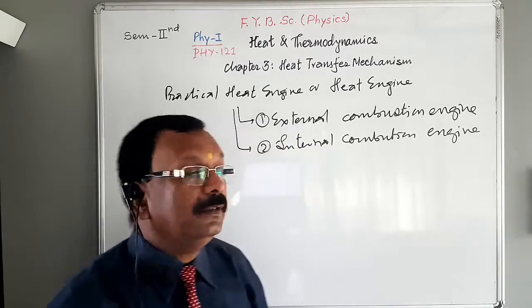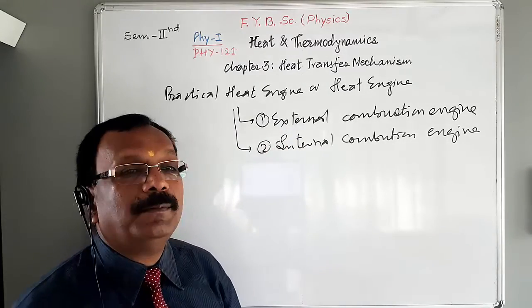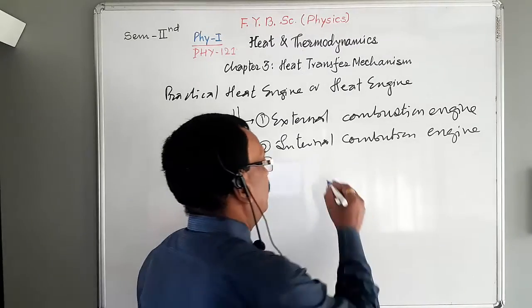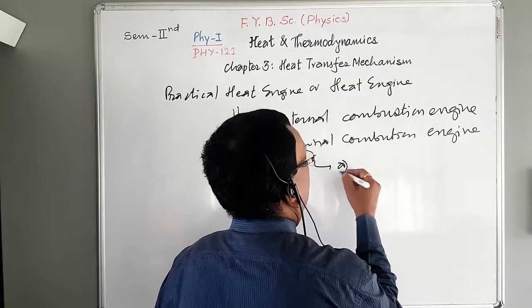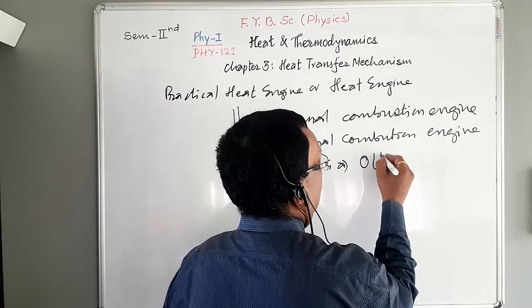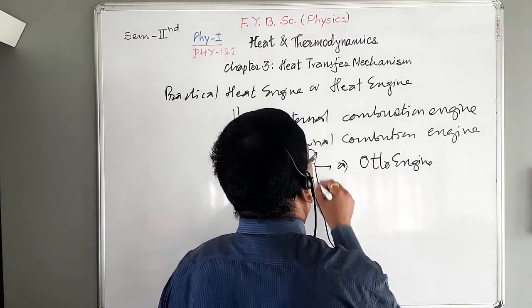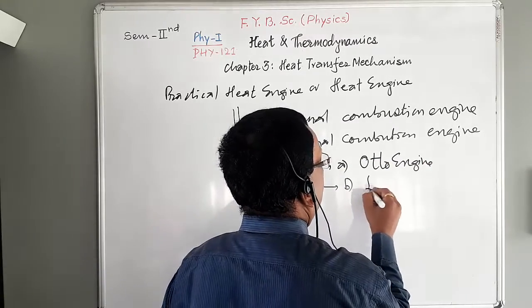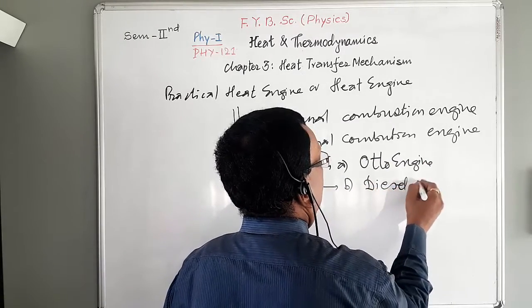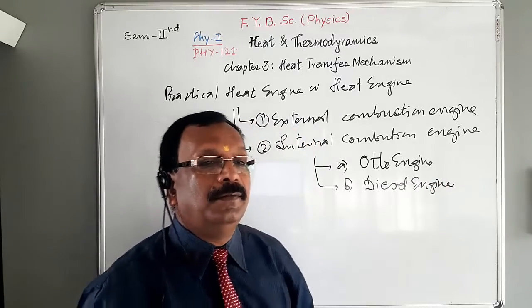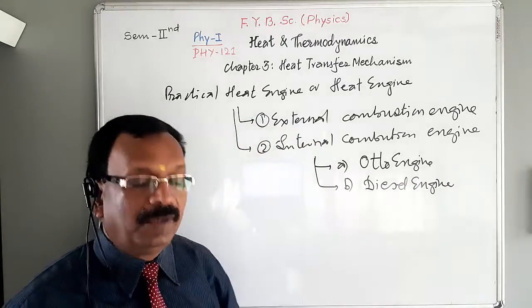Again, there are two types of internal combustion type engine. First one is the Otto engine, and second one is the diesel engine. Now we are going to see them one by one.